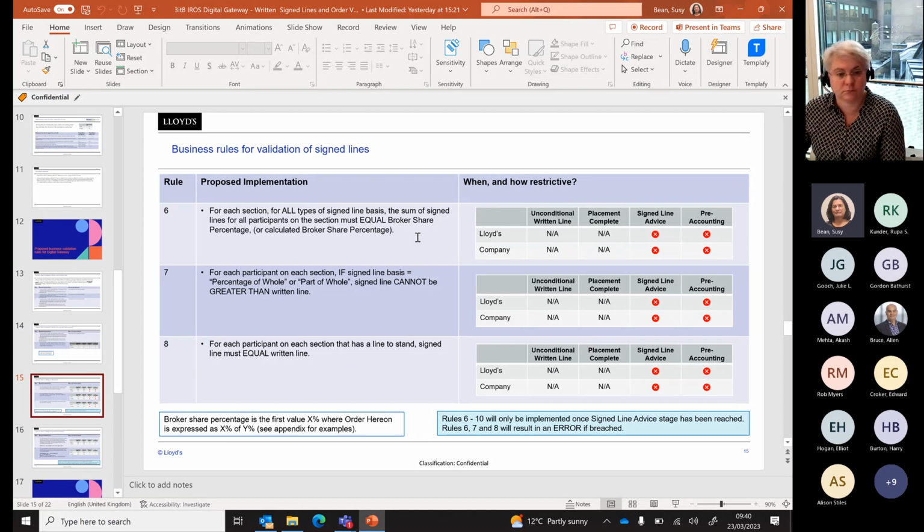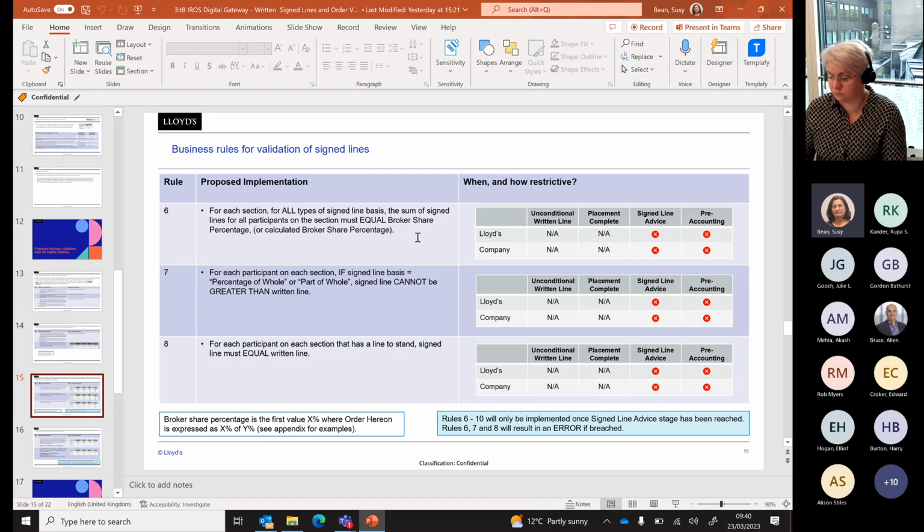Now, I'll just point out here that broker share percentage could be 100%. So where it is 100%, it's making sure the sign lines add up to 100%. But it could be that the broker share percentage is 80%, in which case it's making sure that the sign lines add up to that value of 80%. And that's all dependent on the basis.